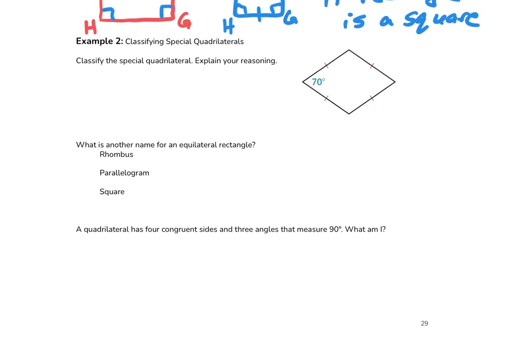All right. On this one here, they give us some information. All of the figures today are going to be 4 sides. Okay? So they're all going to be quadrilaterals. But we want to classify it the best way, the most specific way possible. What's the best way I could classify this? So right now, I know I have 4 congruent sides.